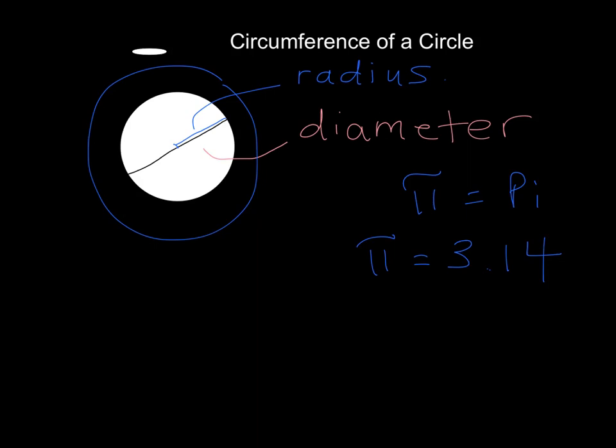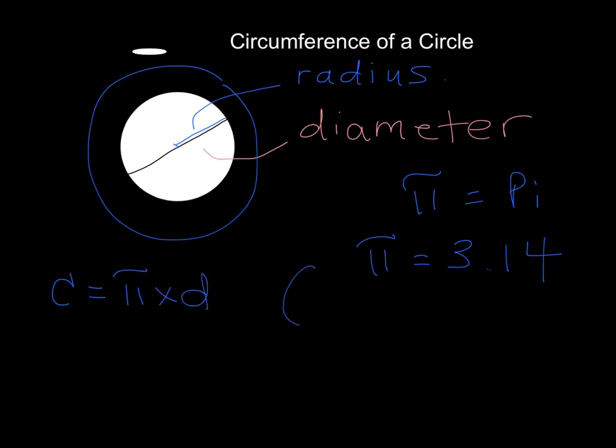So when we're trying to find the perimeter or the circumference of the circle, we use this formula here. So instead of P equals, as if we were going to find the perimeter of a rectangle, for example, we use C for circumference. So C equals that pi symbol times the diameter.